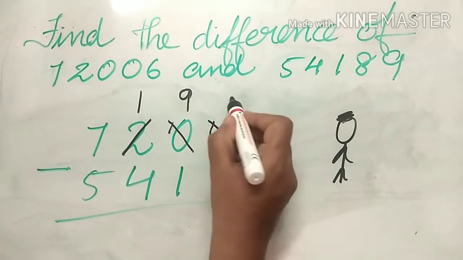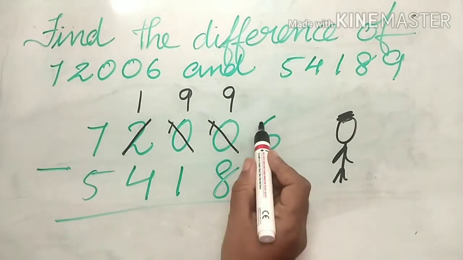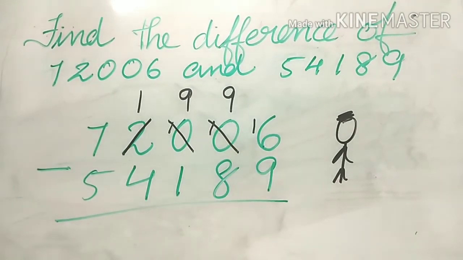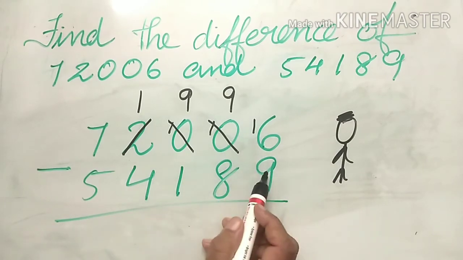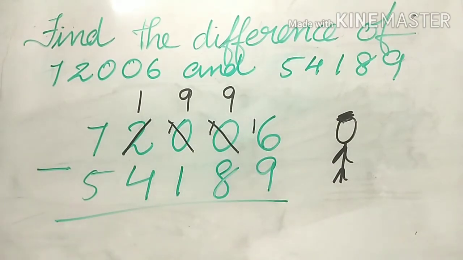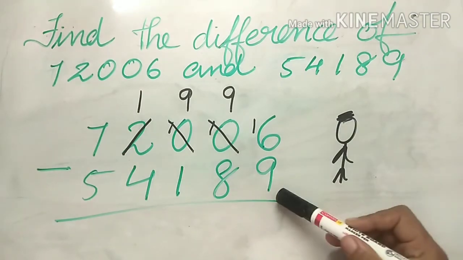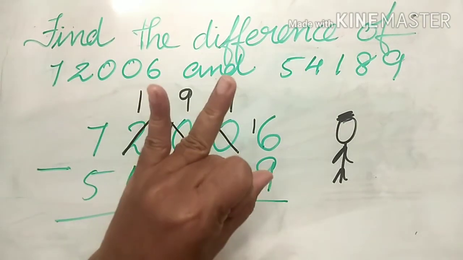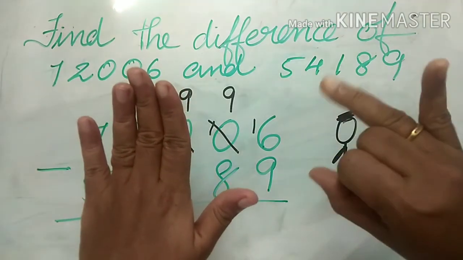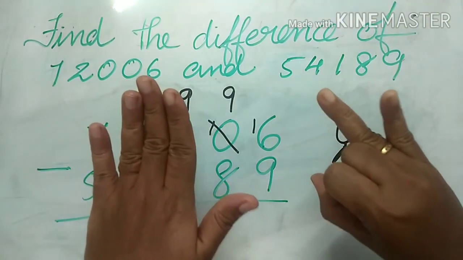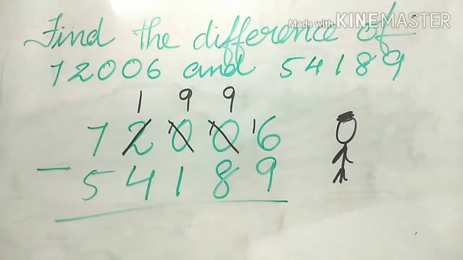So this 10 becomes 9 and 6 becomes 16. Is it clear? Now it is possible to count from 9 to 16, isn't it? 16 in your mind. After 9, 10, 11, 12, 13, 14, 15, 16. How many fingers? 7. So 7 you can write over here.